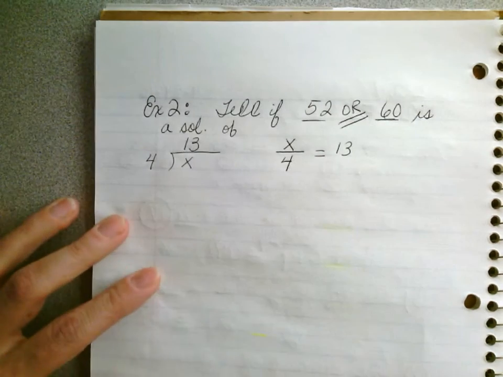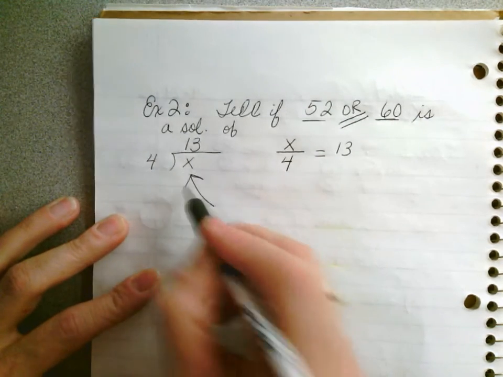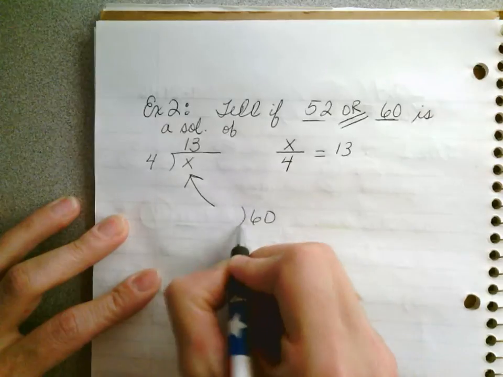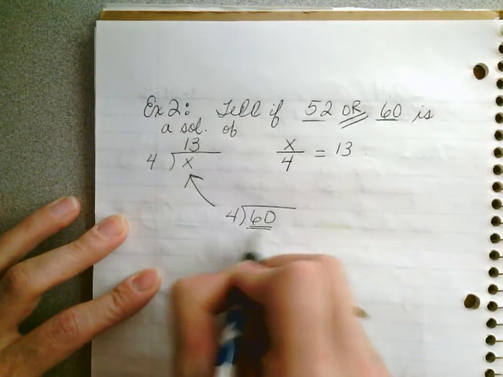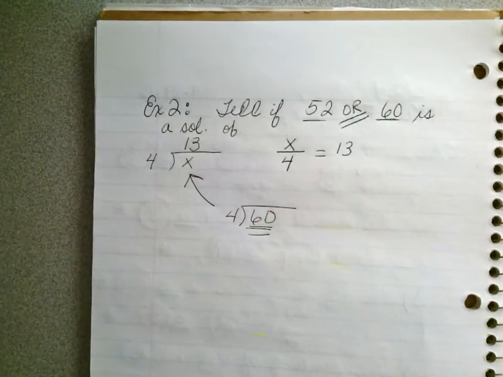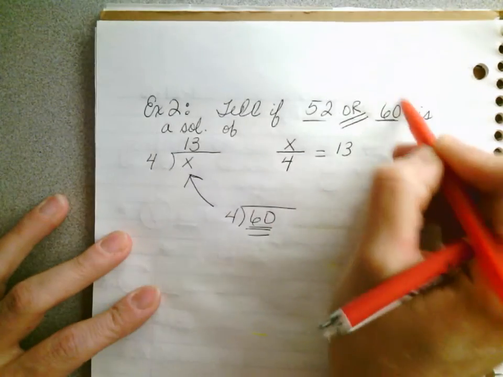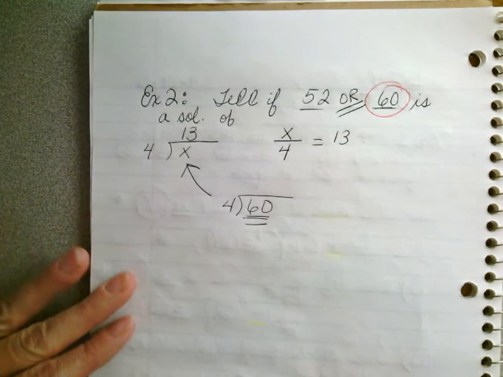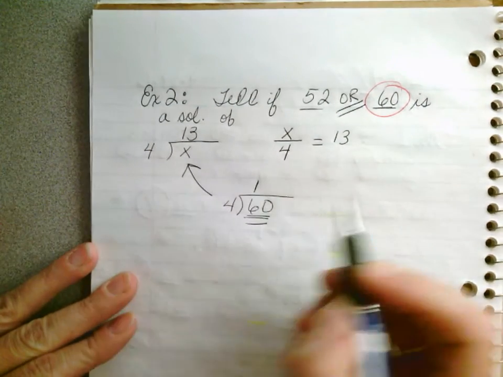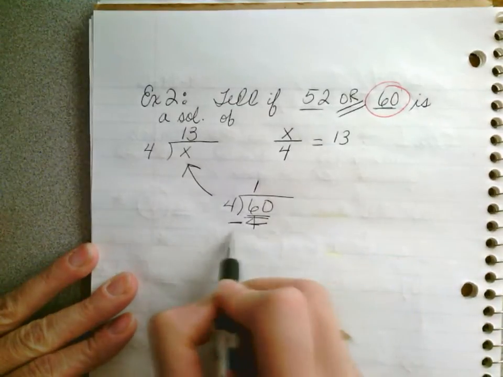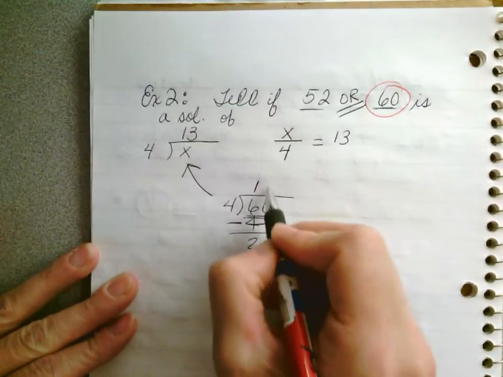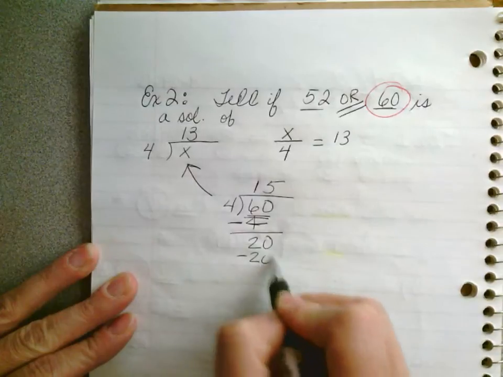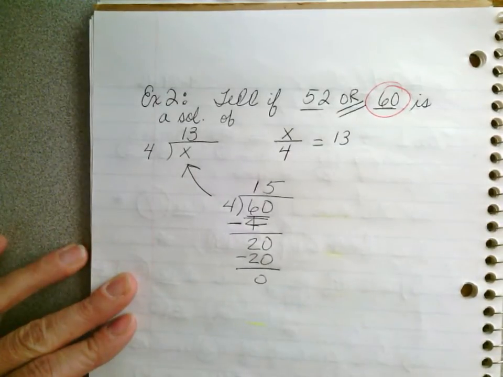I can say, well, let's test the 60. 60 divided by 4. Okay, I've just plugged in one of the choices that they gave me. Okay, I'm testing this one. I'm pretty sure you can all do simple division. Probably nobody baffled by this.